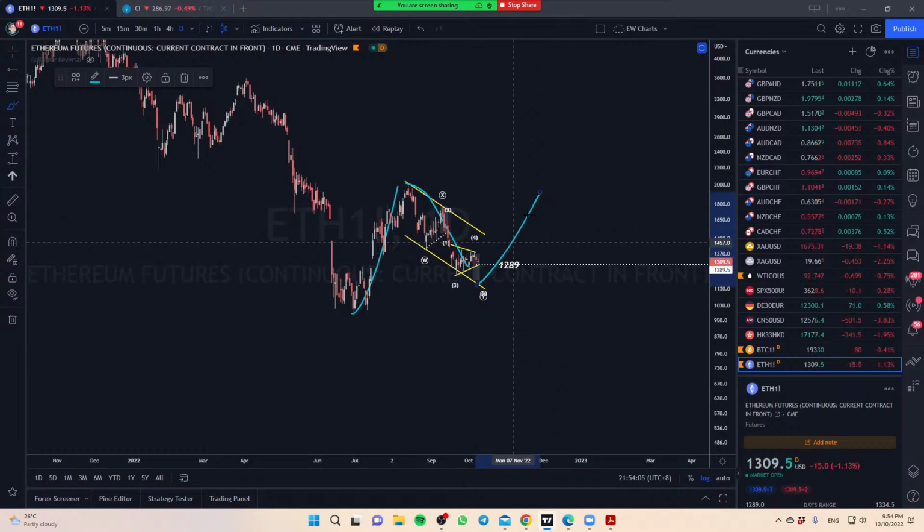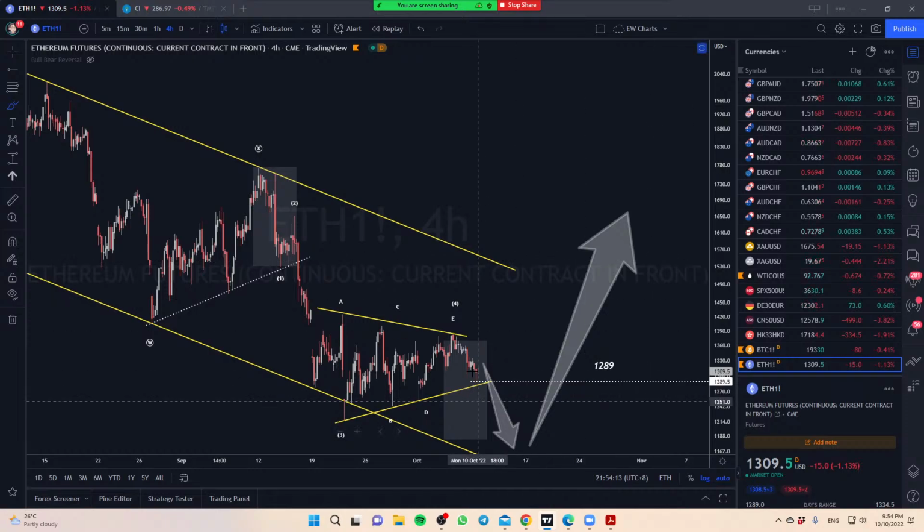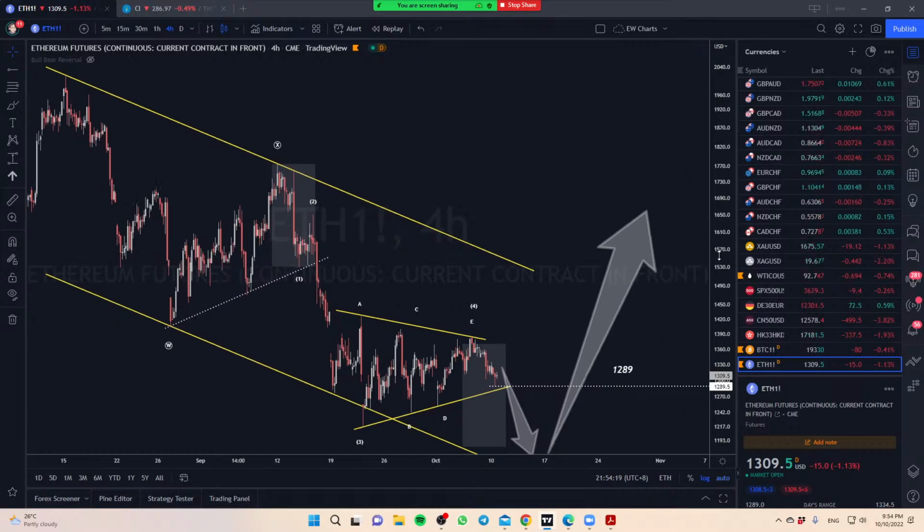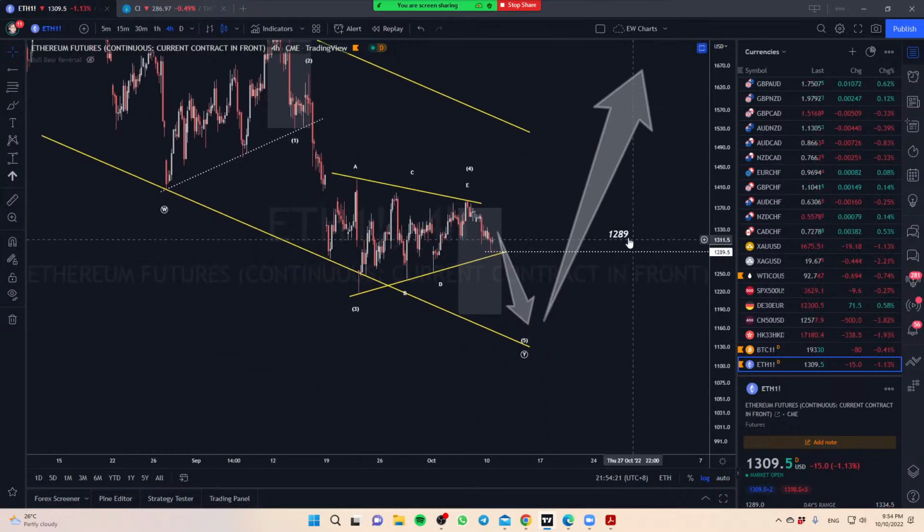So long term, this is the opportunity to look out for, but at least for now, in the near to short term, you go back to the 4-hour time frame. This is a short-term play that you can capitalize on if you're interested in trading the crypto. Okay, so one key level to keep an eye on is somewhere around 1289, which is the recent low, and you want to also see it break below this minor trend line.